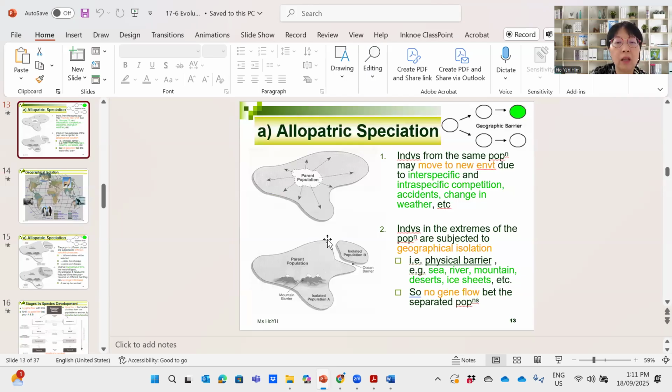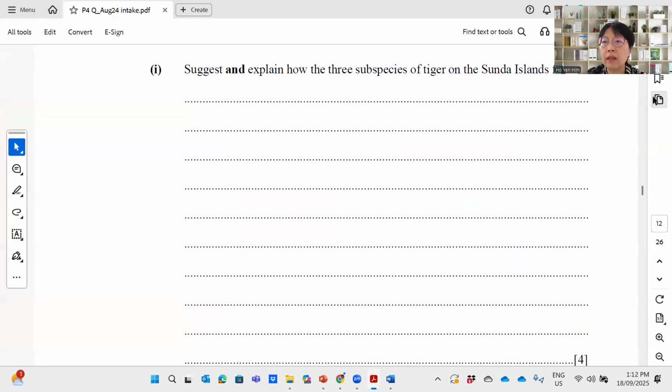The sea that eventually separated the three locations results in geographical isolation. Once there is geographical isolation, there is no gene flow. That means the populations will not migrate and will not interbreed. So there will be no gene flow between the three populations on the three different islands.